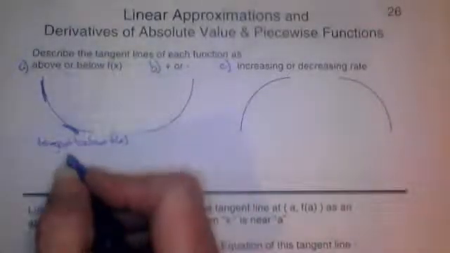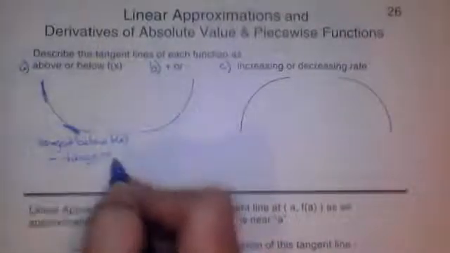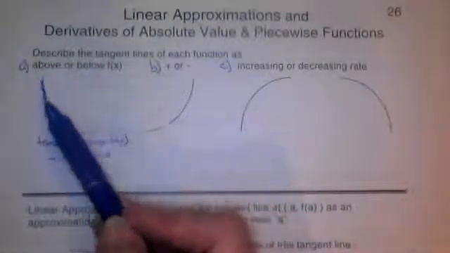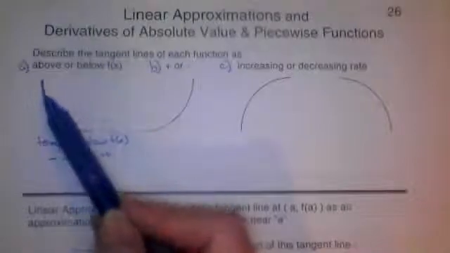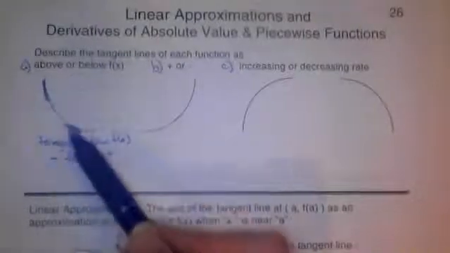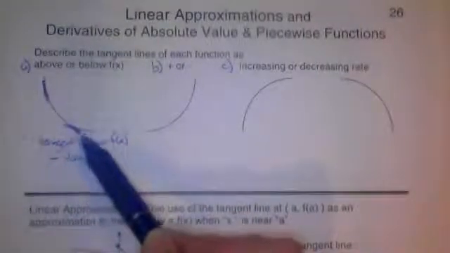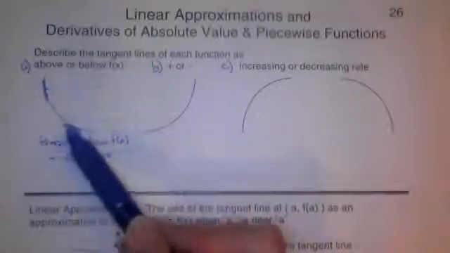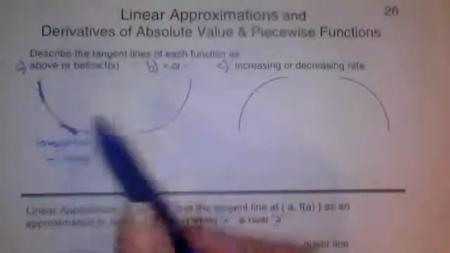And of course, these here are going to have negative slopes. So these are going to be negative tangent lines. And as far as the rate of change, remember this is a very steep negative slope and a not so steep negative slope. So like a -5 to a -1/5. So these slopes are increasing. This is an increasing rate.